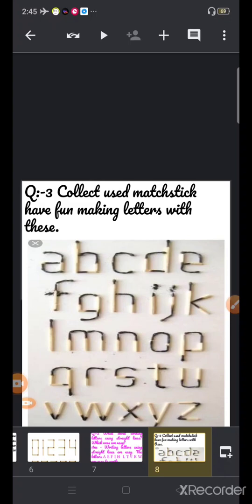These are small alphabets made by used matchsticks. Okay, like this you will also do this work in your notebook. Okay?